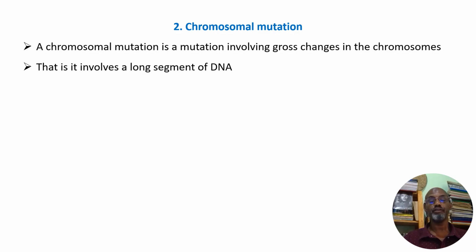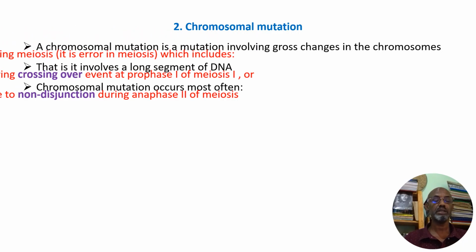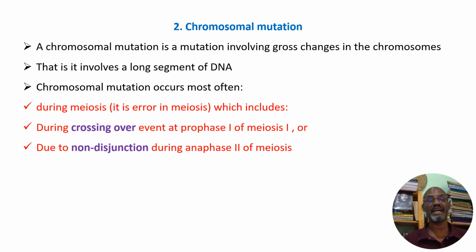That is, it involves a long segment of DNA. Yes, a long segment of DNA. Chromosomal mutation occurs most often during meiosis, if there is an error in meiosis, which means formation of reproductive cells in sexually reproducing organisms. This change includes, one, crossing over.